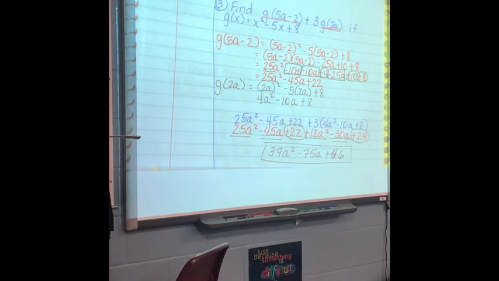I was confused about the second part, but I figured I understood. This part here? Yes, ma'am. So just plugging what you found to be those functions back up into the original problem. Anybody else? Questions? None?